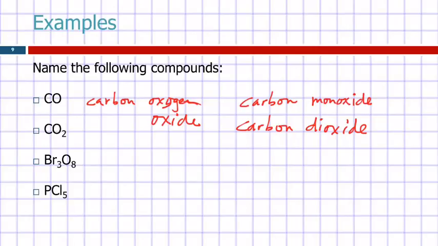You don't want to drop the I. We only drop the A or the O. We don't drop the I in di or tri. So carbon dioxide. We have to have a unique name for each chemical, for each different compound. You can't have 2 compounds with the same name. It gets very confusing.